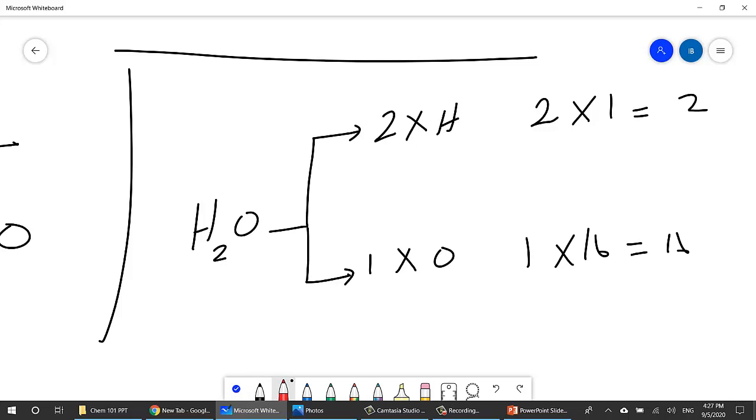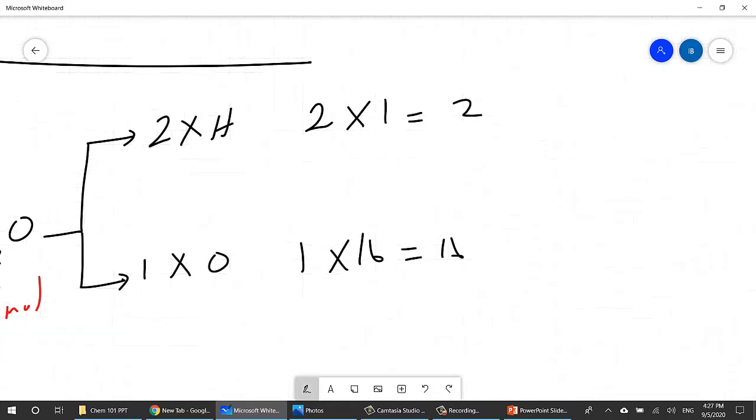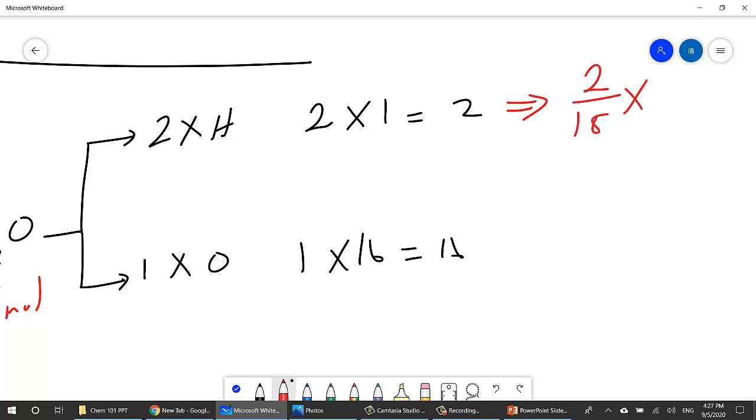I know the molar mass of H2O is 18 gram per mole, right? So 1 mole of H2O is 18 grams because 2 plus 16 is 18, and therefore we can say the mass percent of hydrogen is 2 divided by 18 times 100%, and for oxygen it is 16 divided by 18 times 100%.